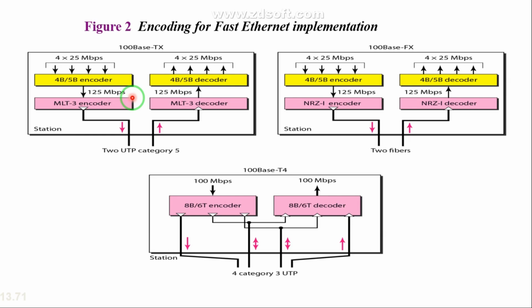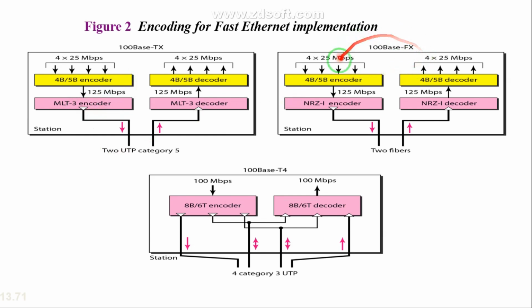So in order to avoid this problem, we use the 4B/5B encoding scheme. That is a block coding, which provides bit synchronization by preventing the occurrence of long sequences of zeros and ones, which makes the data rate 125 Mbps, and then it is fed to the MLT-3 encoding system.